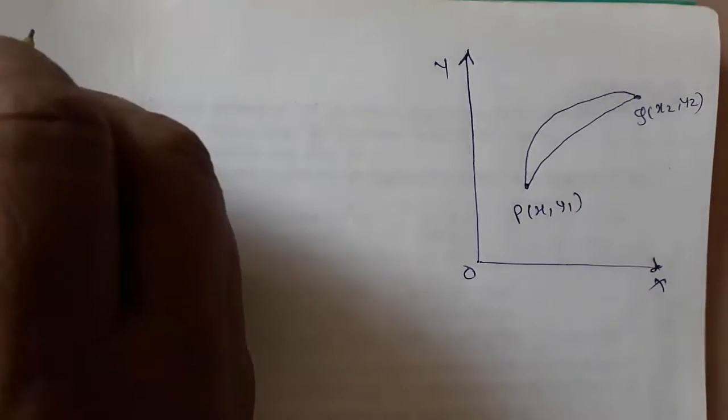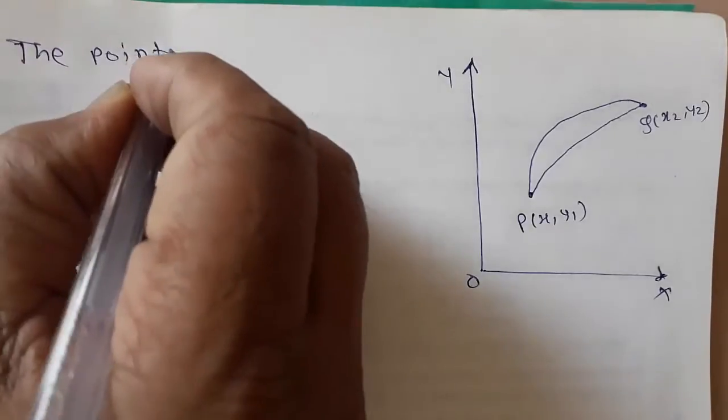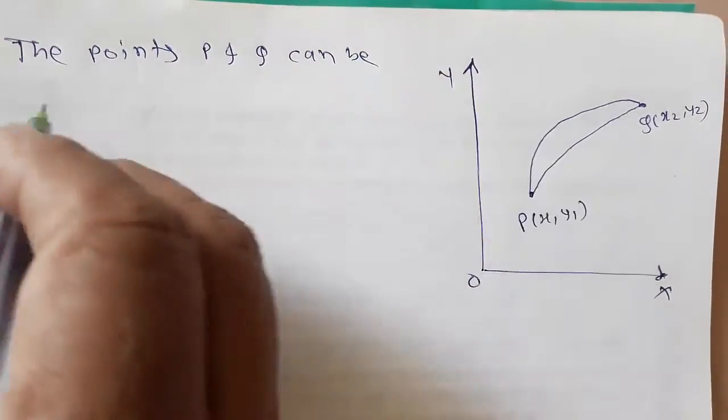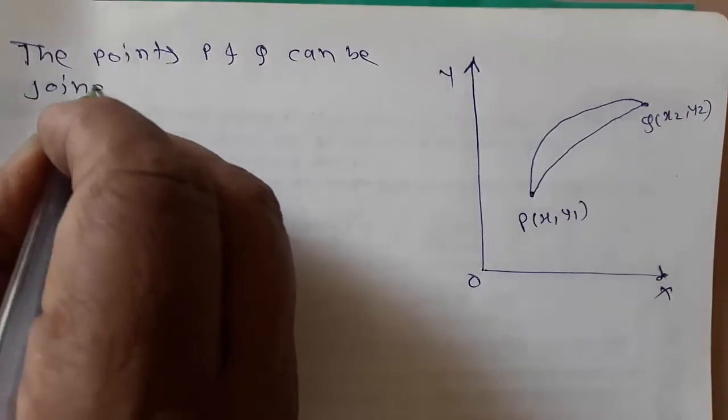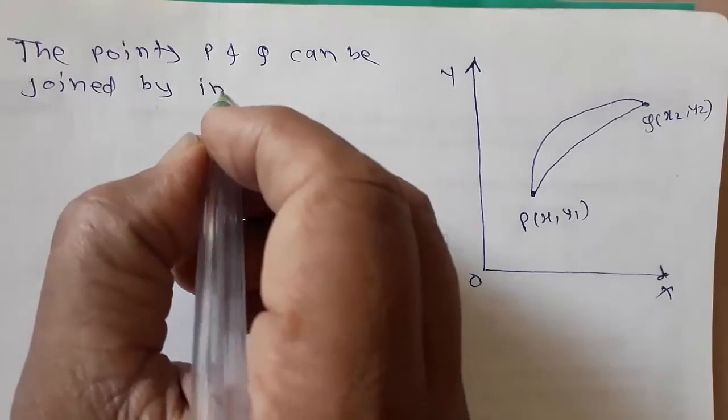The points P and Q can be joined by infinitely many curves.